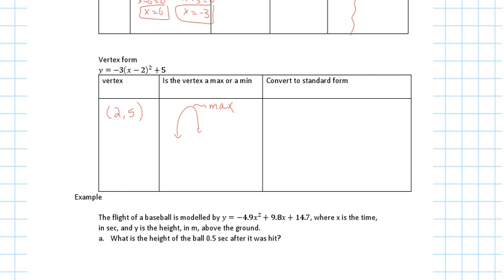All right. Now I have to convert to standard form. You expand it. So what do I do? Negative 3, bracket x minus 2, and then bracket, the same thing, x minus 2, plus 5. Let's stop right here for a second.